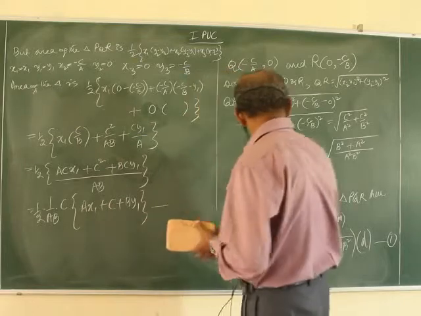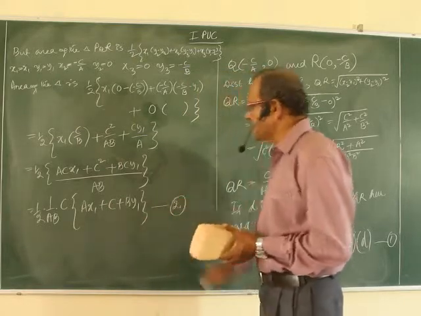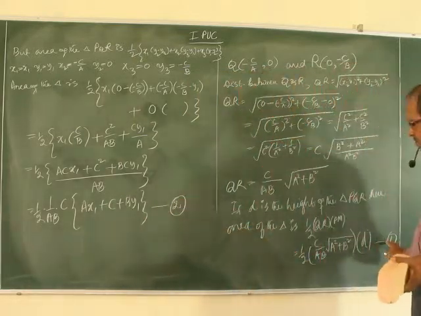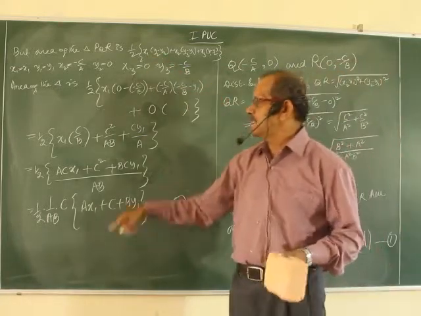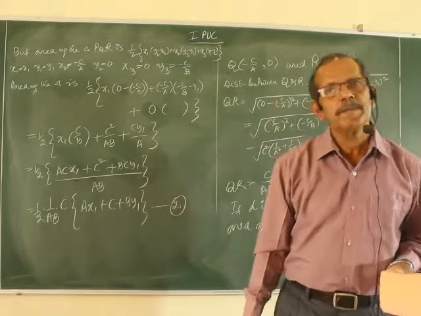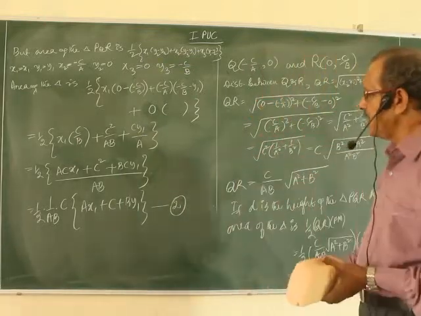So let me call it equation 2. Now clearly 1 and 2 are the same. Area obtained in one method and area obtained in another method will be the same. Compare: 1 equal to 2.